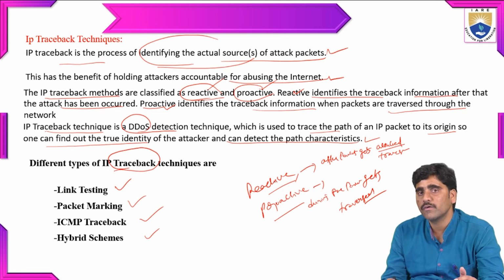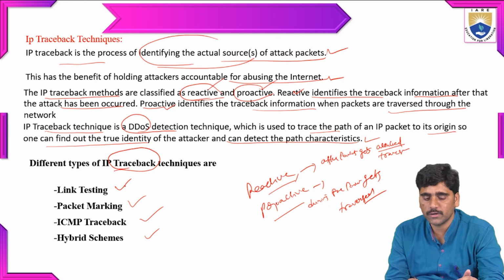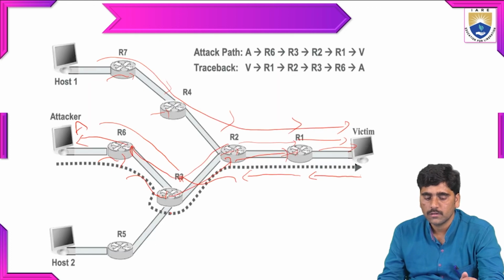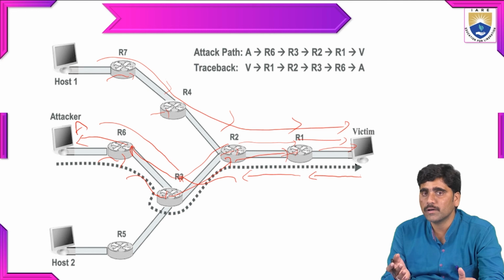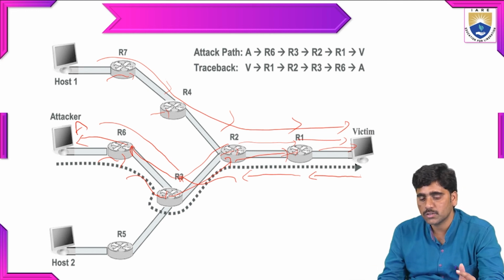On the basis of reactive and proactive, the traceback techniques are divided into categories: link testing, packet marking, ICMP traceback, and hybrid schemes. So this is the mechanism by which packets are transmitted and attacked, and how we perform the traceback mechanism for the attacked packets.